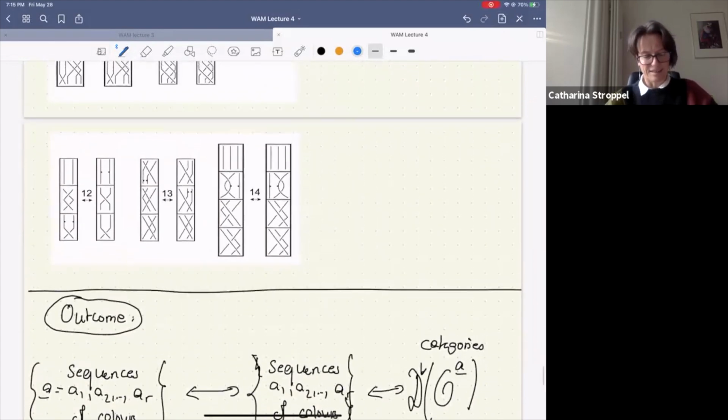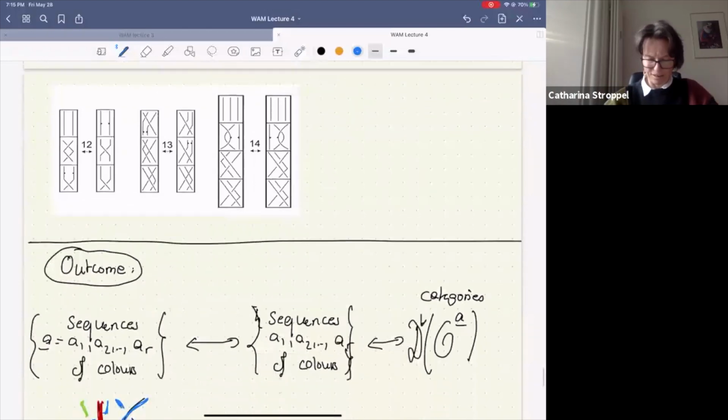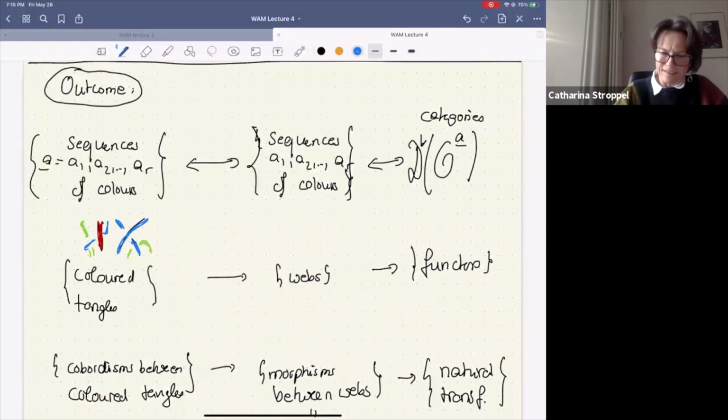But the claim is that indeed one can assign to each such cobordism going between tangles some natural transformation between the functors. And so the outcome at the end is you can have, on the one hand side, tangles, and you might even color them by colors, each strand, corresponding to sequences of colors at the top and at the bottom. You assign to the sequences, corresponding sequence, move the colored tangle into webs in the way how we did it.